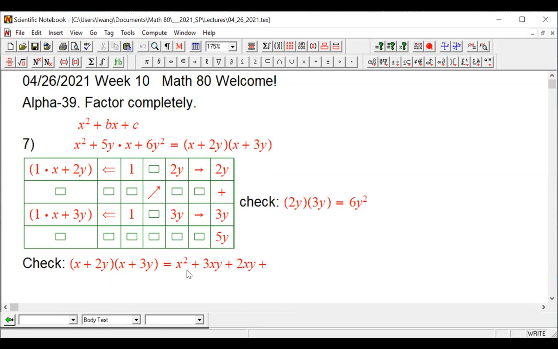And 2y times 3y, that's going to be 6y squared. Okay, and we got it. We got x squared, so we just have to combine the like terms: 5 times xy plus 6 times y squared. Okay. Any questions so far?